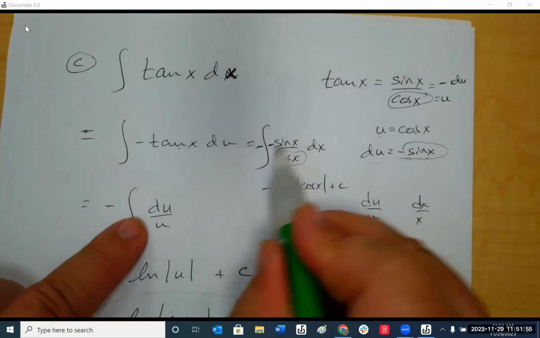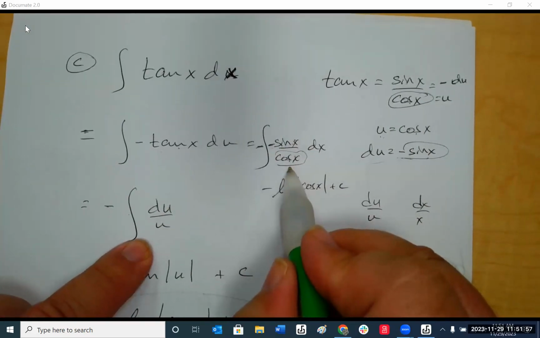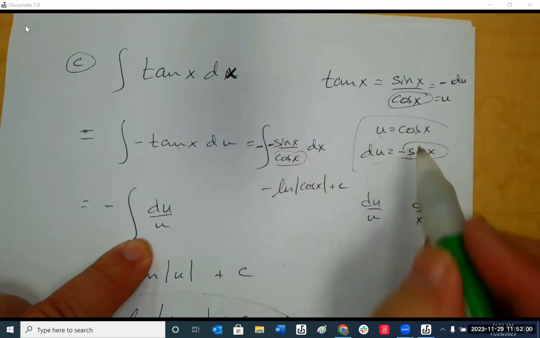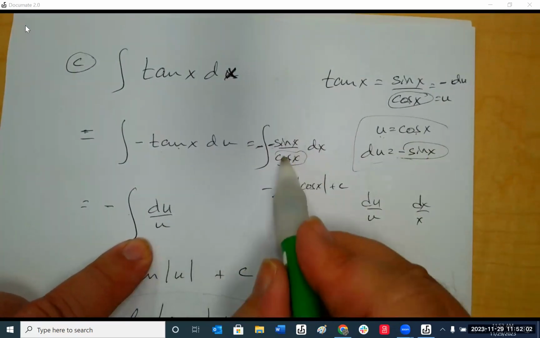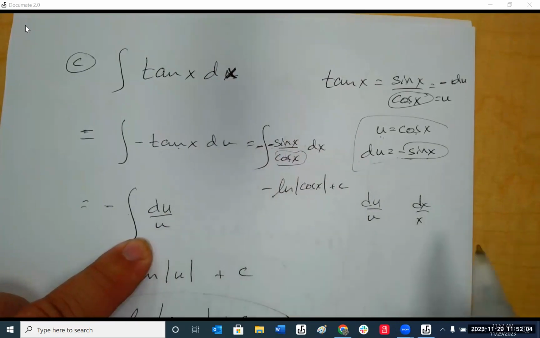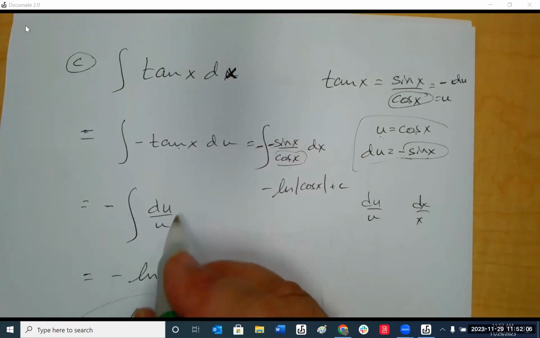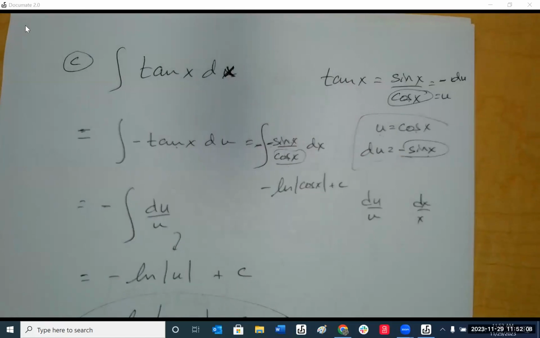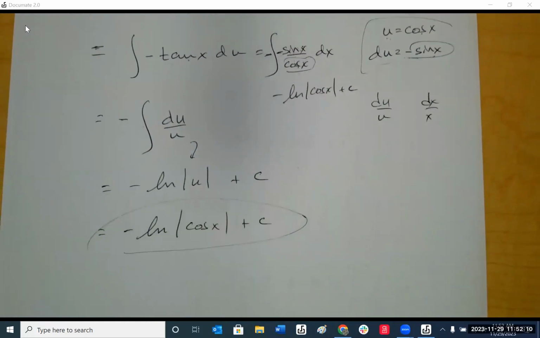So what I have here is du over u. I substituted it because this is already in the form du over u, which is the logarithmic function. So it's just that I substituted from sine and cosine to u and du, because then it just pops out. It has to be the ln.